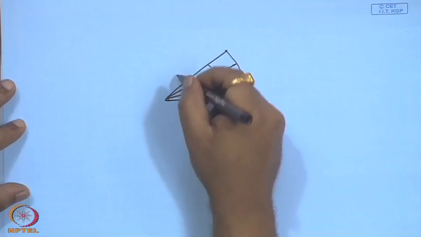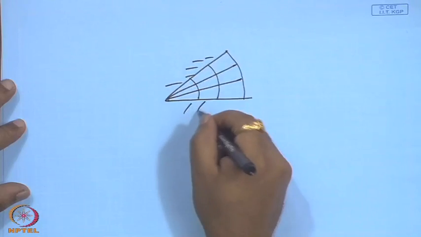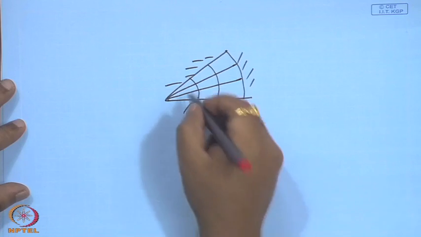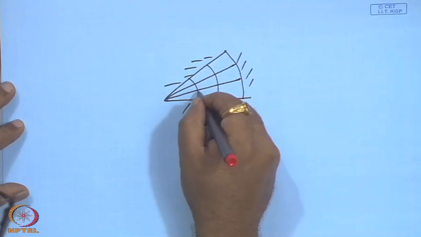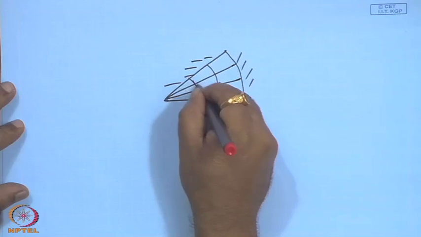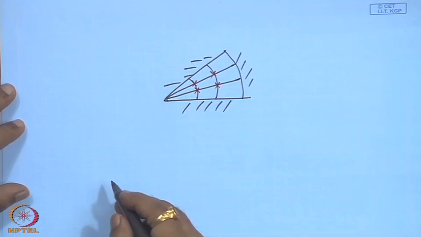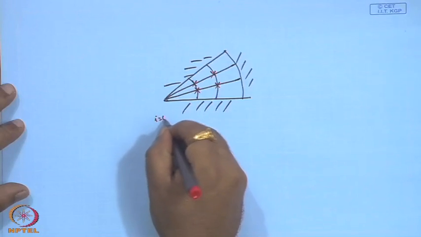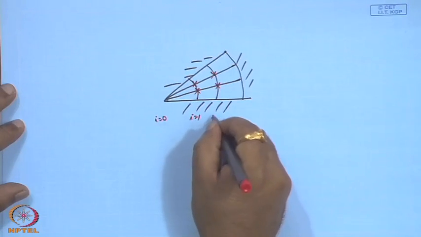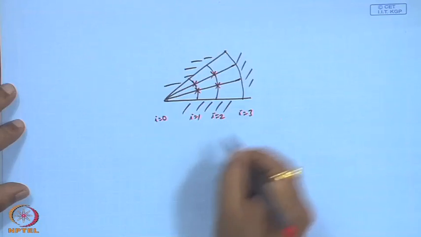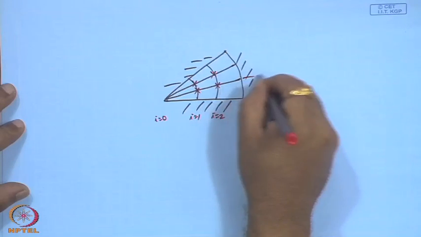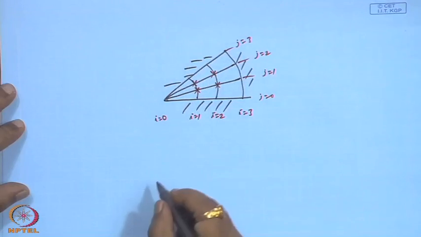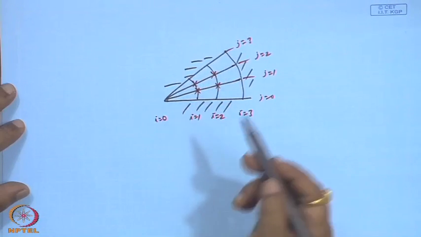So, you are solving, so that means this is given, u is given and u is given. So, what will be the grid points where you have to seek the solution? So, these are the 4 points we have to seek the solution. Okay. So, i is 0 and this i1, i2 and i3, and here j0, j1, j2, j3. Okay. So, these are the grid points.